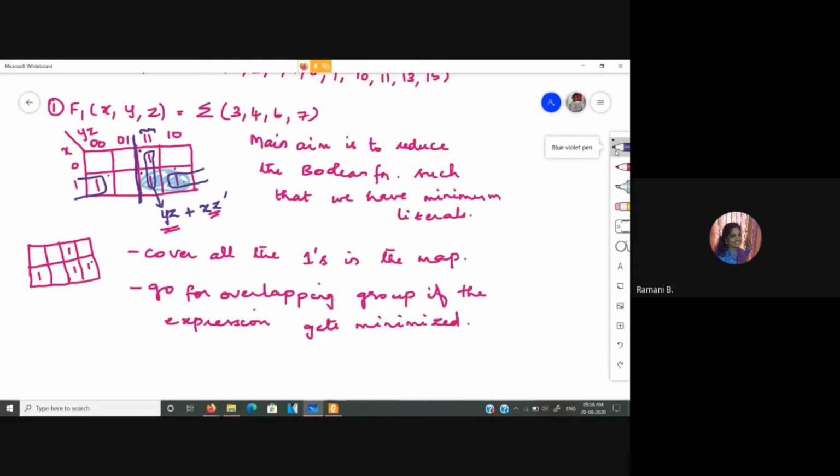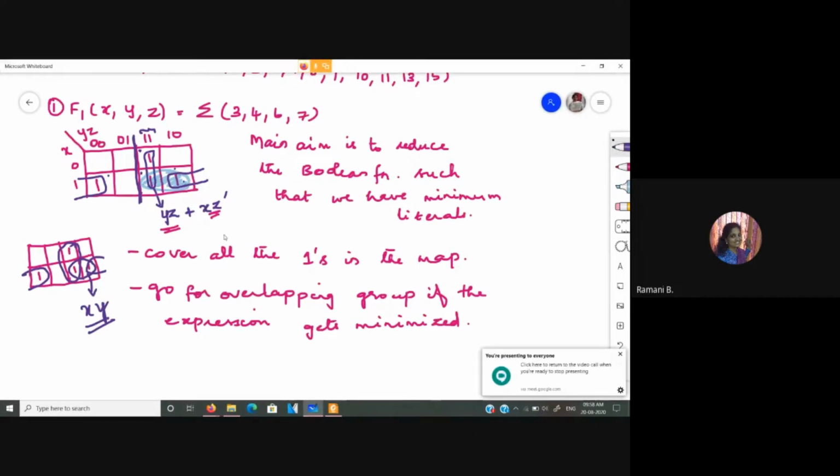By taking this group, you are left with these two ones over here. To minimize that expression, you will again go for this group and this group. So here both x and y are 1, and this is actually a redundant term, so we don't want that.